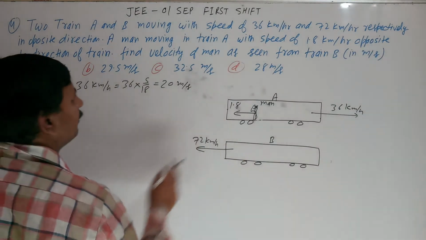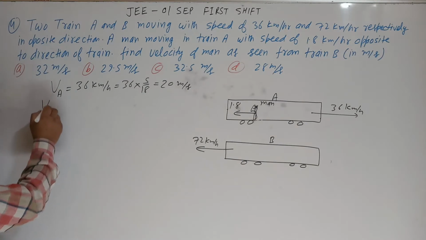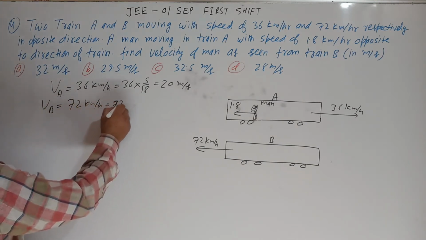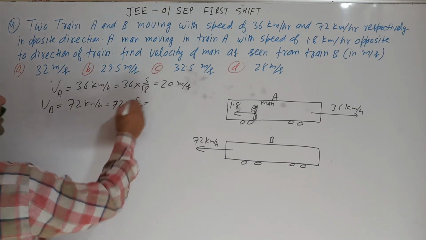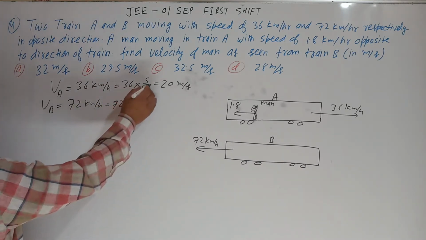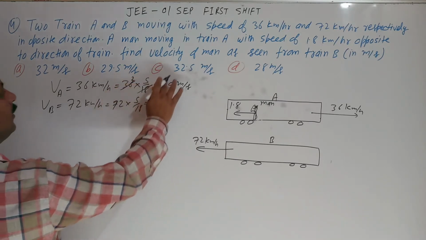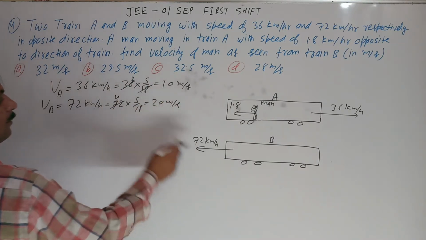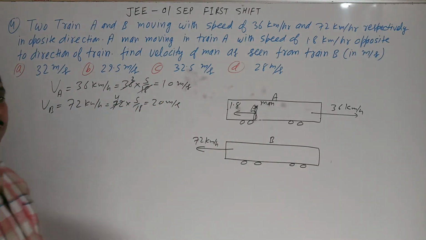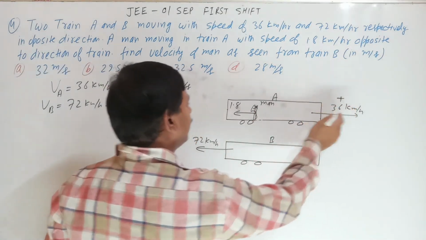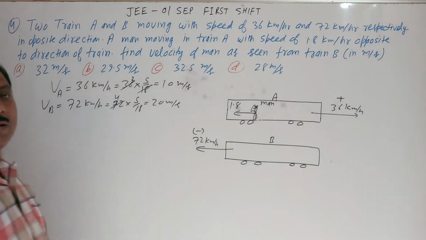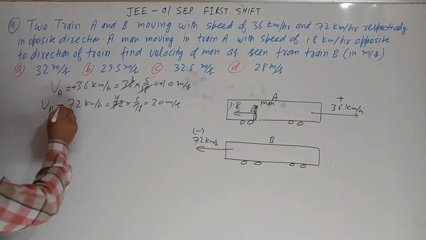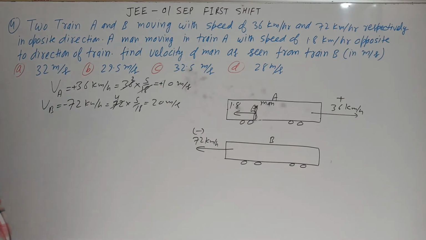The speed of train B will be 72 km per hour, so 72 into 5 by 18, that is 20 meter per second. Suppose this direction I have taken positive, so this will become the negative direction. So this is positive and this is negative with respect to the ground.